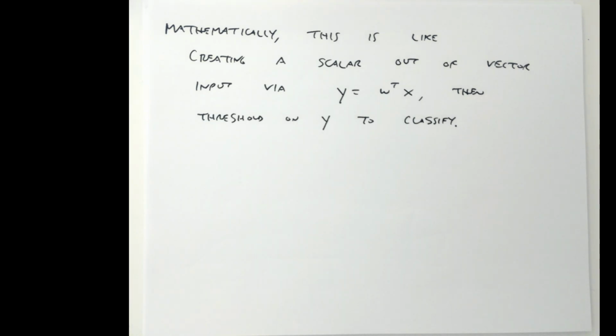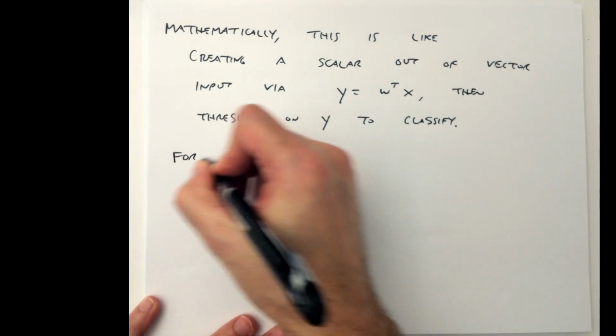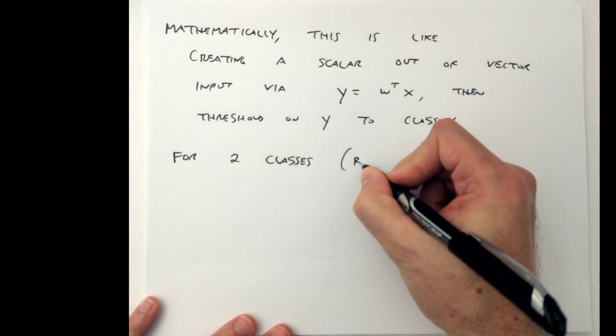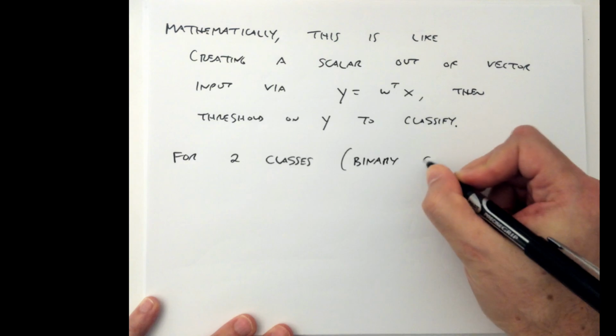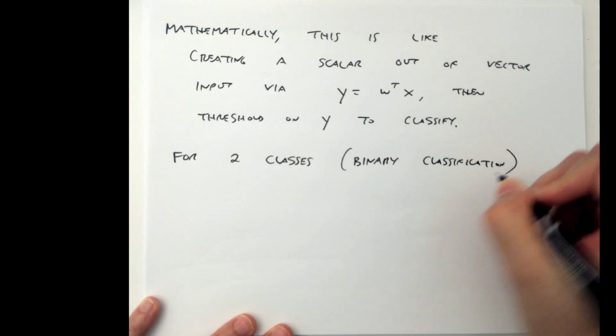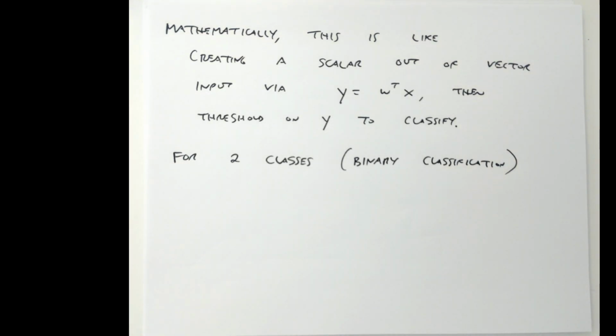Okay, so let's do this for two classes first, because that's a much easier way of doing it. And again, you're going to see this called binary classification, which is a good general term to know. It's always easier to talk about things as binary classification problems first, and then generalize to the multiple class situation.